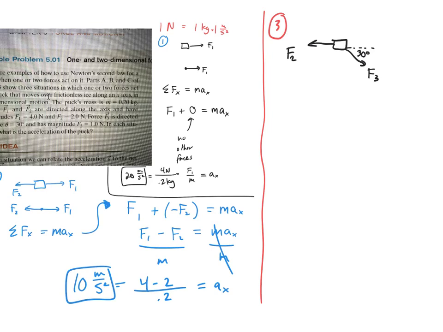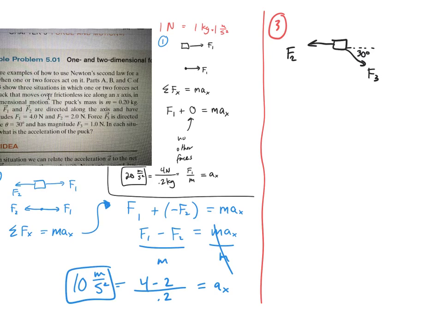So here's my third diagram now. We're slowly working our way up into vector components. And again, the question we're trying to figure out is in each scenario, what is the acceleration of the puck?